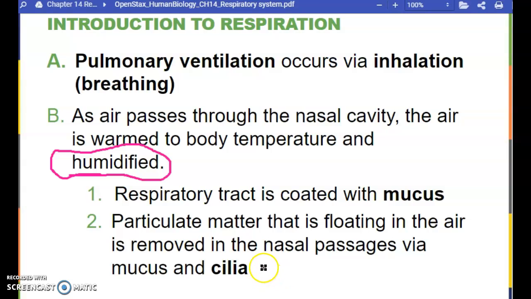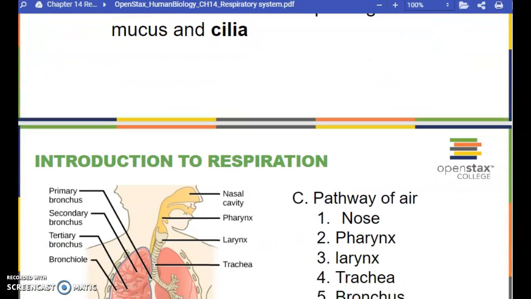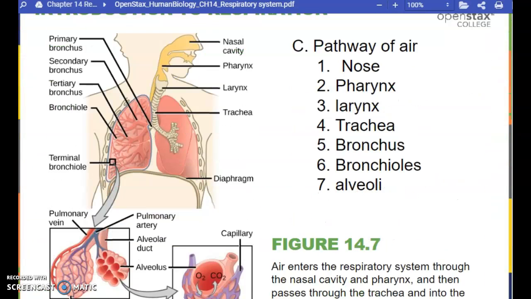If that builds up, it triggers us to sneeze it out or cough and so forth. We have mechanisms that try to keep dust out of the lungs.